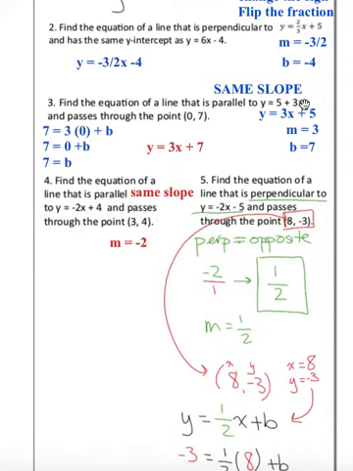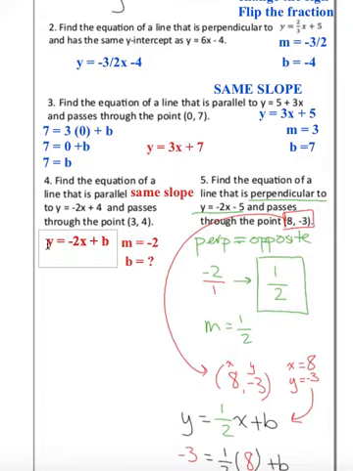So we're going to do the same thing we just did above it. So we have our slope, but we do not have our b value. So we're going to take our equation y equals mx plus b, and we found m, so y equals negative 2x plus b, and we're going to fill it out.